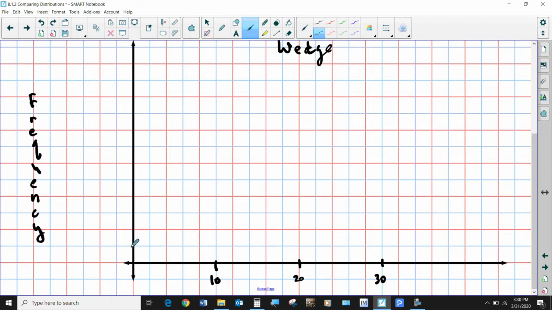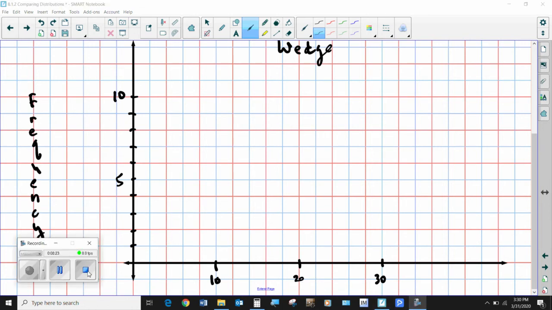And what do we need to get up to? 1, 2, 3, 4, 5, 6, 7. So this is 10, and this is 5. All right, go ahead, and I'm going to pause. You go ahead and pause as well, and when you come back, you'll see what my histogram looks like, and hopefully it matches yours.